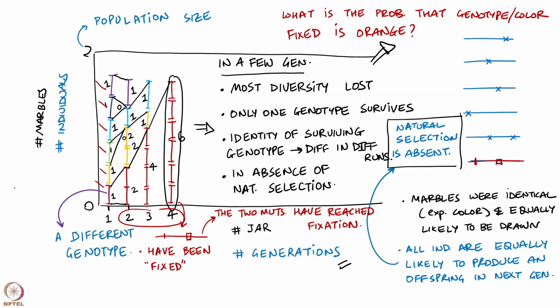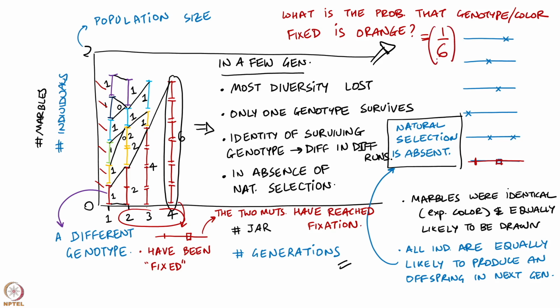Since fitness is not different among different individuals, or in the marbles game each marble is equally likely to be drawn, there is an equal probability that red will go to fixation, equal probability that orange will go to fixation, and green and blue and so on and so forth. So, there is an equal probability of every one of these genotypes reaching fixation, and there are 6 of them, and we know that one of them is going to reach fixation. Hence, the probability that orange is going to win is simply equal to 1 upon 6.